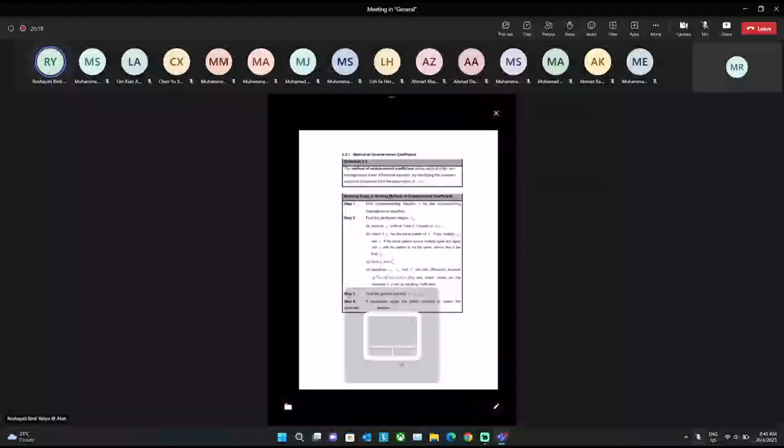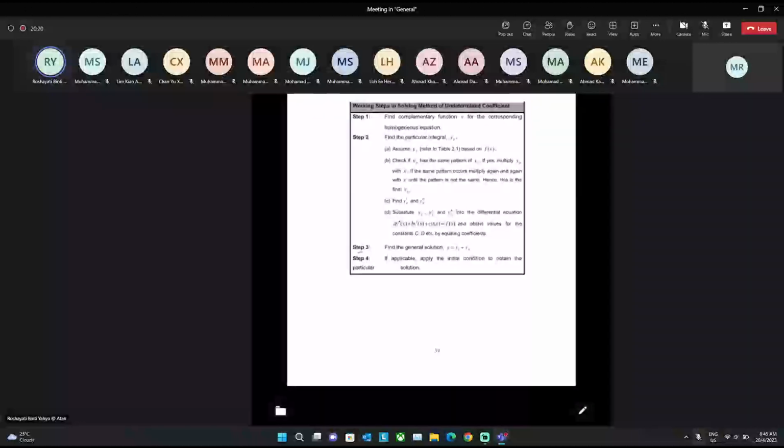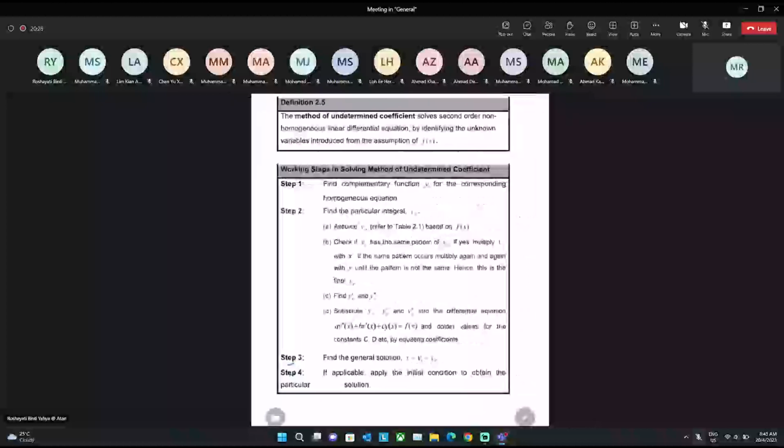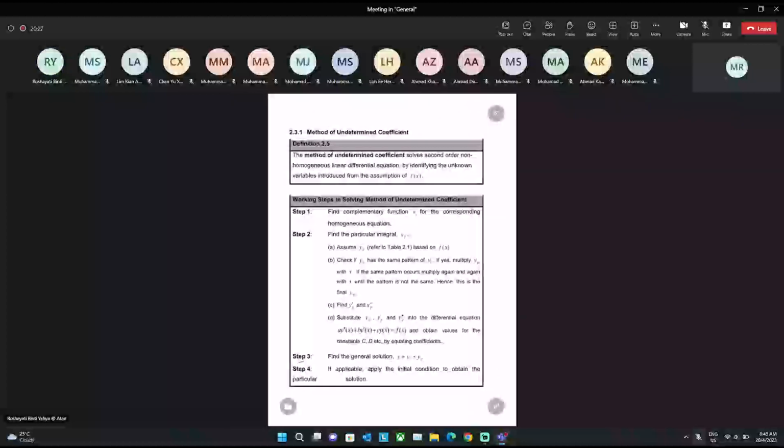So for method undetermined coefficient, how can this method solve for your second order non-homogeneous?